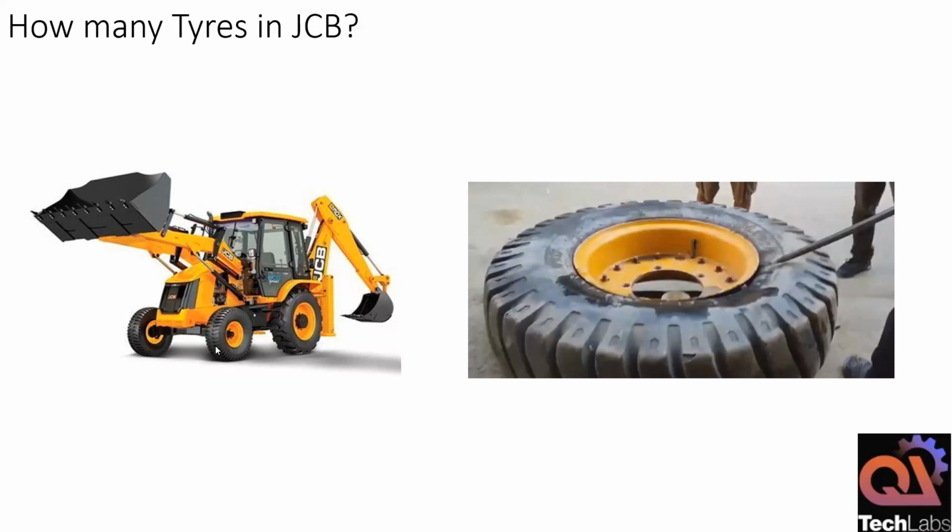If the diameter is more, then one assumption can be this one. If the diameter is more and you are able to conclude that this is the tire, then the second option is whether it is a left side back tire or right side back tire.